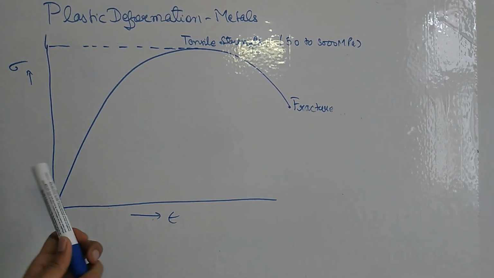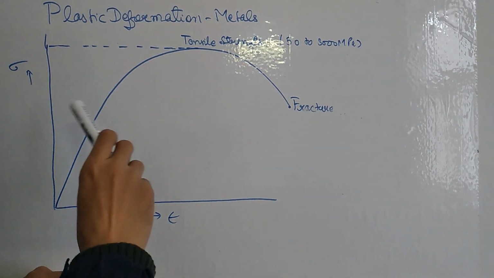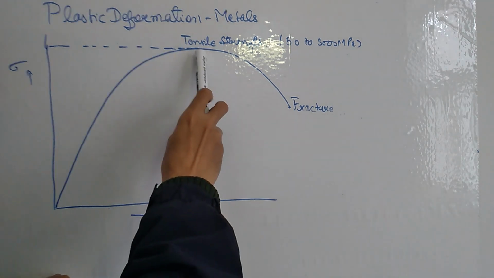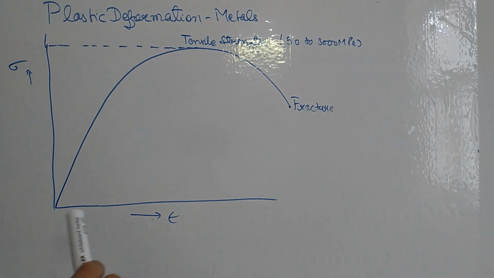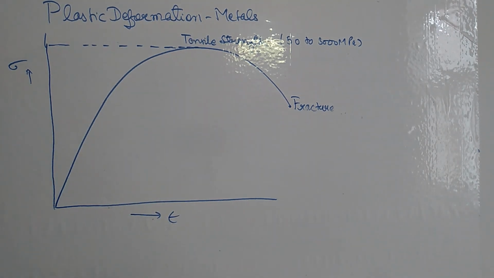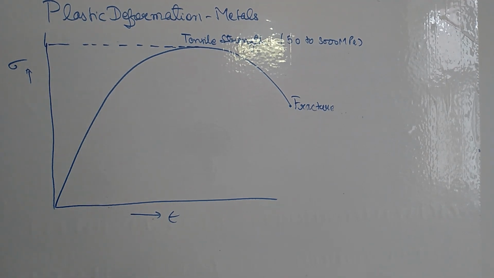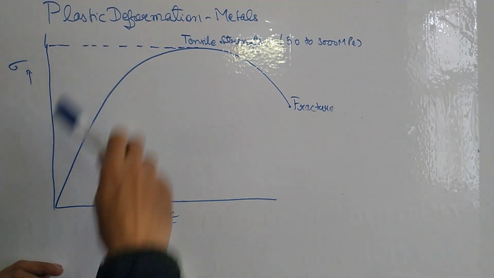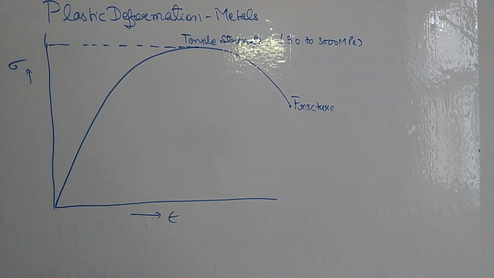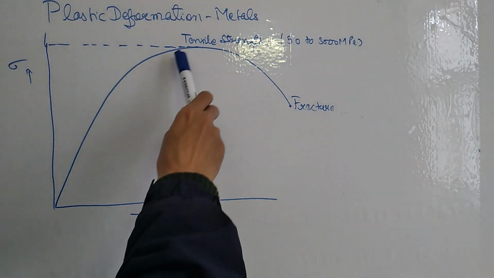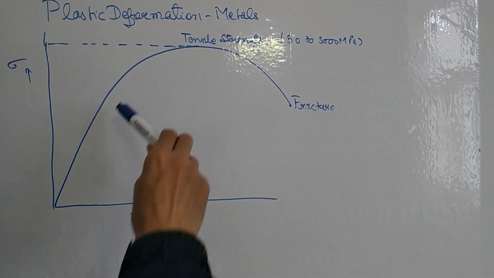So if the plastic deformation is continued beyond the yield point, we obtain a maxima in the stress strain curve, that is what is called the tensile strength of the material. At this particular point, this is the maximum stress which the material can bear without undergoing failure. Beyond this point, the material will continue to deform with a uniform plastic deformation.